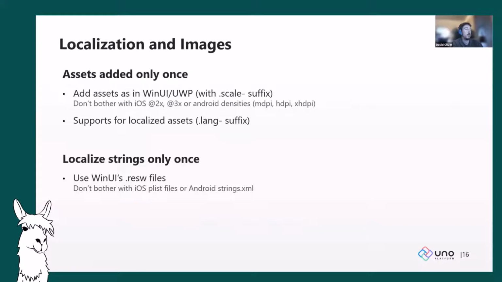Another feature is that we don't only want to have you write your code and markup once. We also want you to only define the other assets in your application once. So if you have images in your application, you put those as well in the shared folder. If you have different versions of an asset for different device pixel densities, then you name them according to a standard naming convention, and Uno takes care of putting them in the correct places and in the correct names for each target platform.